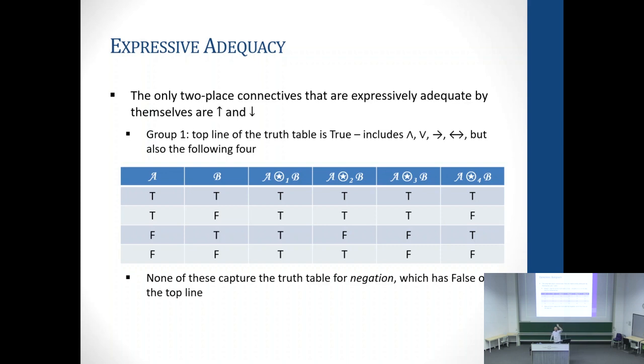So the 4 that we know already, and these 4 other ones can't do the job. They just can't. Now before I go on, does everybody kind of see why? Again, the thought is we're trying to get back every possible truth functional connective. Negation's one of them. Negation is one where the top row is false. So these, no matter how we string them together, are never going to give us that.